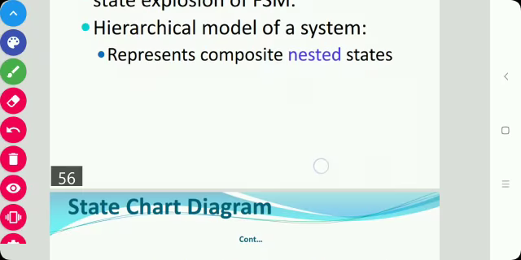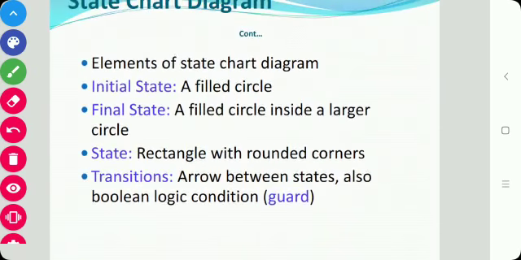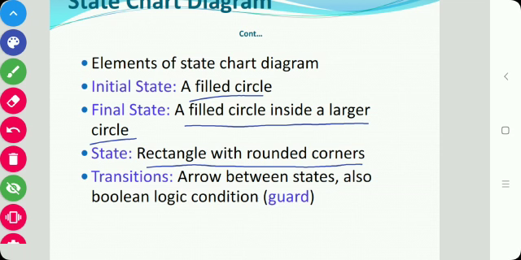The basic elements that are used in the state chart diagram are, first, initial state, which is denoted by a filled circle; final state, which is denoted by a filled circle inside a larger circle; state, a rectangle with rounded corners; and transition, which is shown as an arrow between the two states, and normally the events which cause the transition are placed along the side of the arrow.